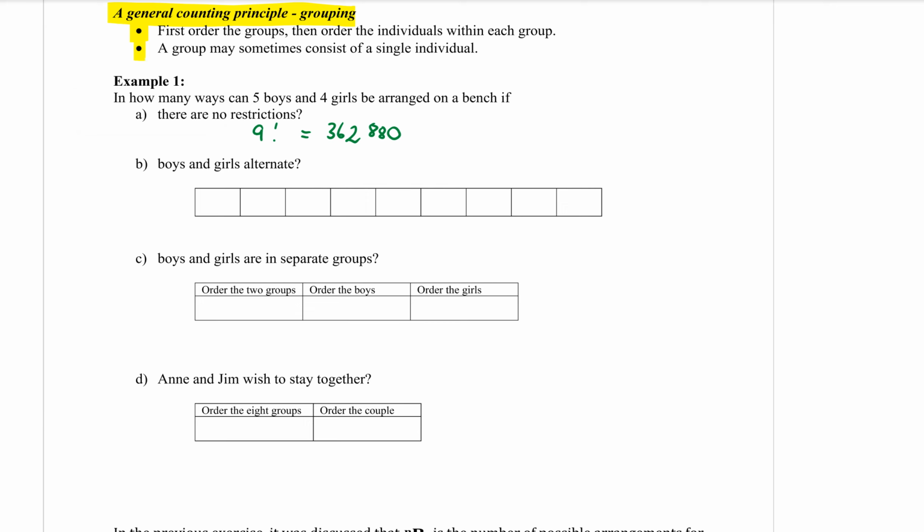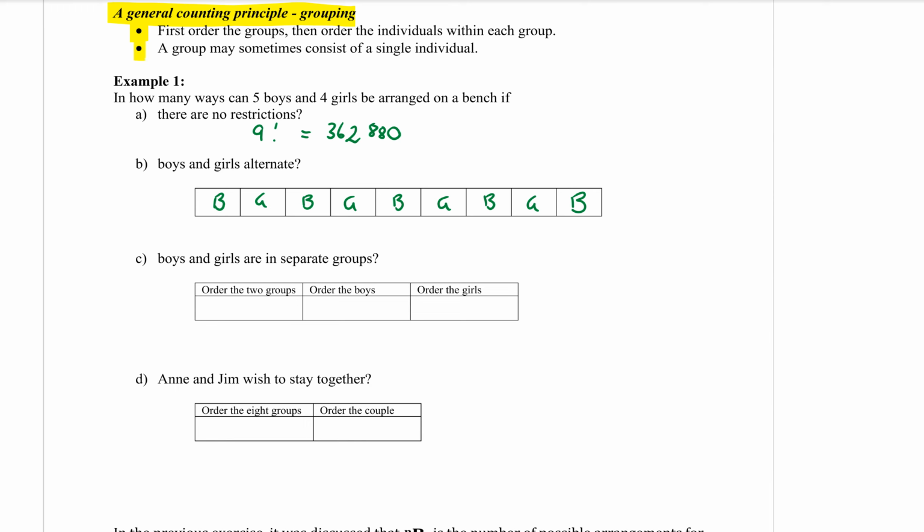So in my little box I go boy, girl, boy, girl, boy, girl, boy, girl, boy. That's my 5 boys, and my 4 girls are in between them. That's the only option because I had more boys than girls. Sometimes it could work both ways, boys first or girls first, but we'll get to that.